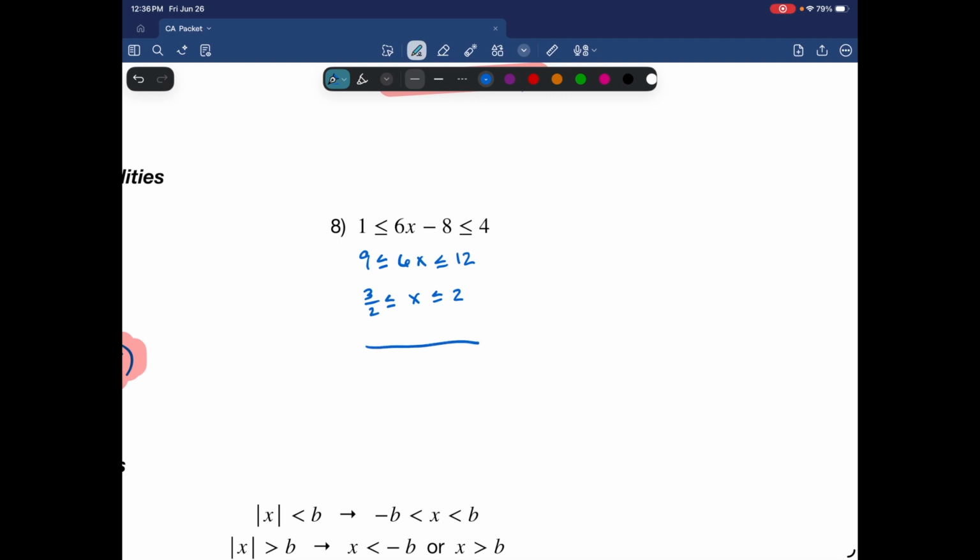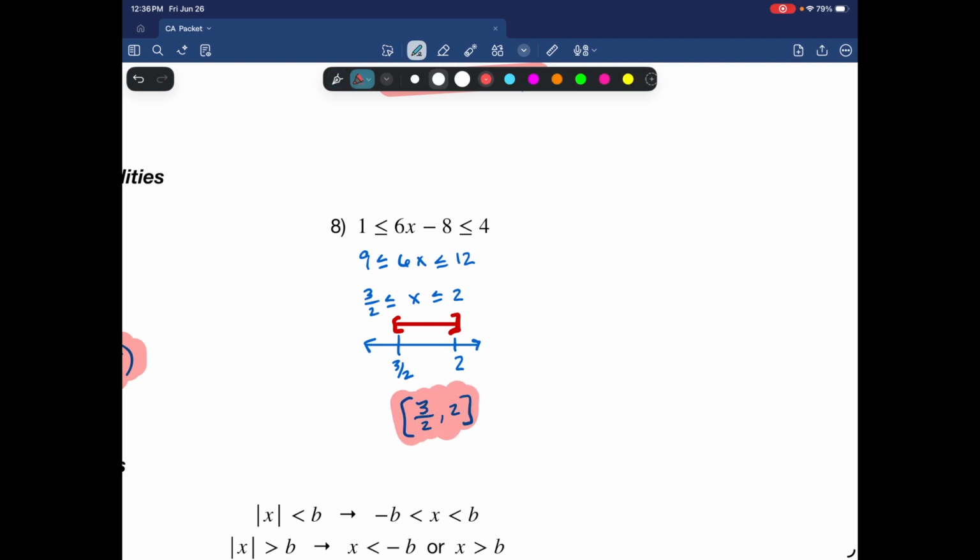So I draw my line. 3/2 on one side, 2 on the other. And because I'm dealing with less than or equal to, I'm shading in between, but I got brackets on both ends. And then you got your 3/2, comma 2, bracket on both ends.